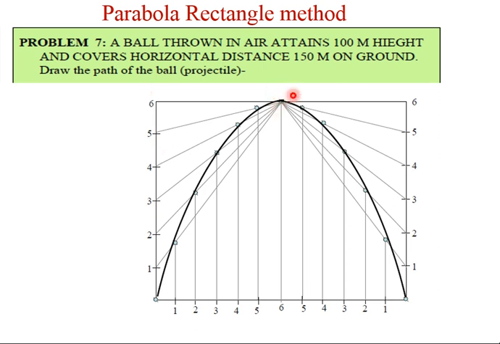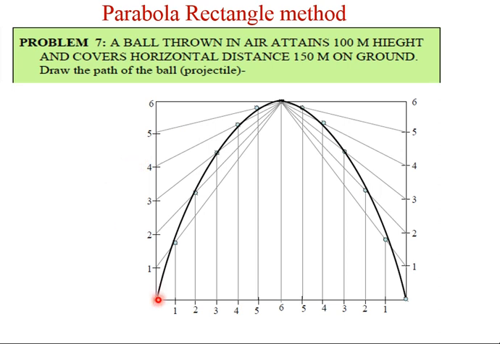You can name the center points accordingly as A, B. So in this way you can first draw a rectangle having length equal to 150 and height equal to 100 millimeter. Now again I'm repeating, a scale should be used here.